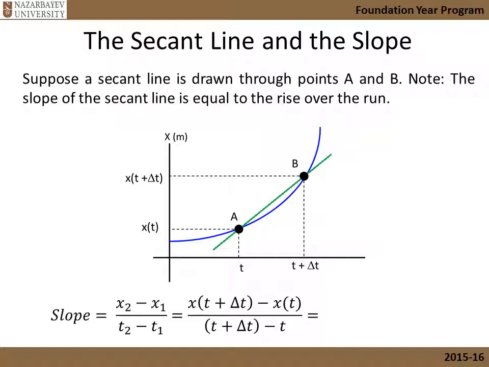And we can simplify our denominator, and finally we obtain x of t plus delta t minus x of t divided by delta t.